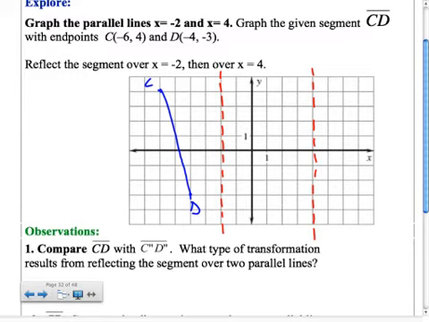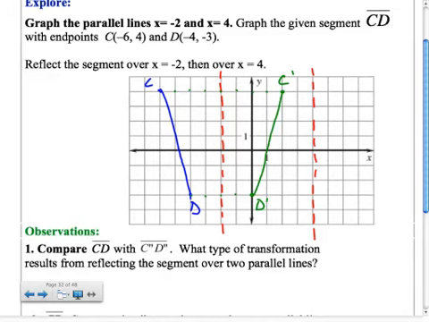They want us to first reflect over x equals -2 and then over x equals 4. So if I reflect over x equals -2 first, I count 1, 2, 3, 4, 1, 2, 3, 4. So that would be C prime. Start at D, go 1, 2, 1, 2. There's D prime.